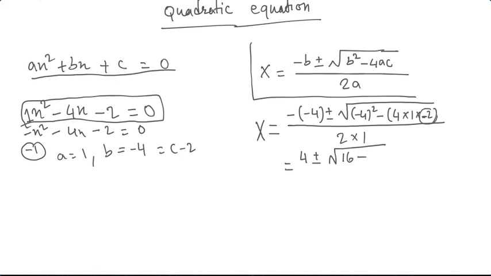We should not forget the sign, minus 2, because c is minus 2. That's why 4 times 1 is 4, and times minus 2 gives minus 8, right? So minus 8.